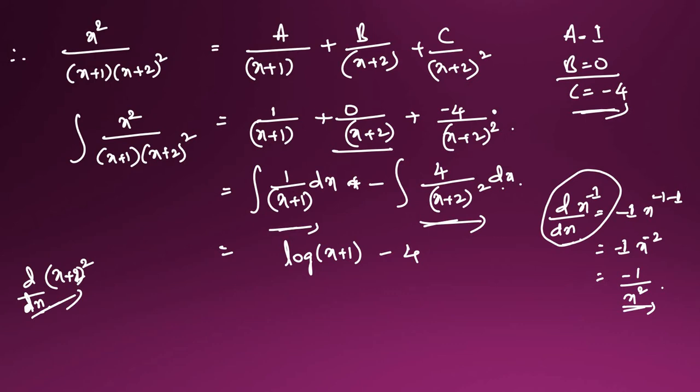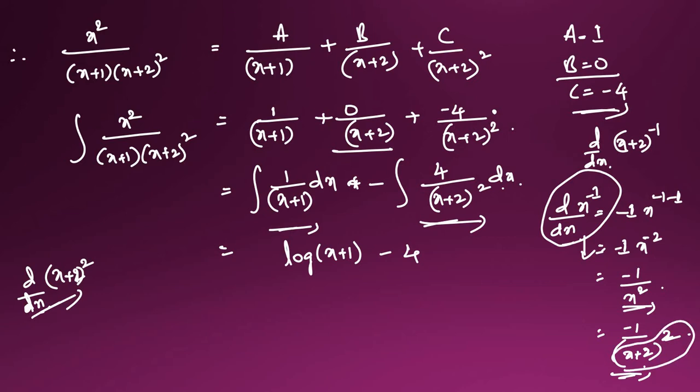Same like that, if we do d by dx of x plus 2 whole power of minus 1, what we will get here is minus 1 divided by x plus 2 whole square. This is the integration, the derivative in reverse. So this part we already have.